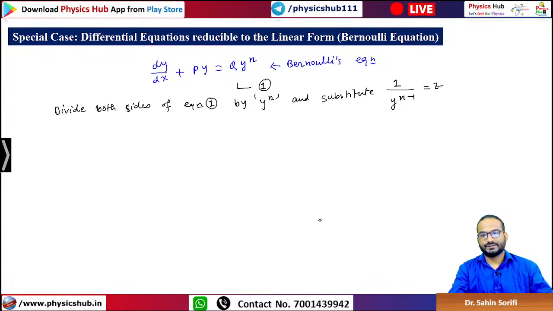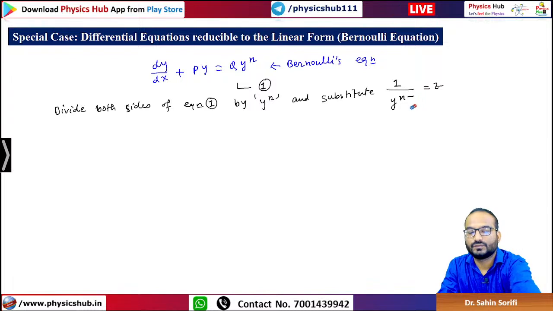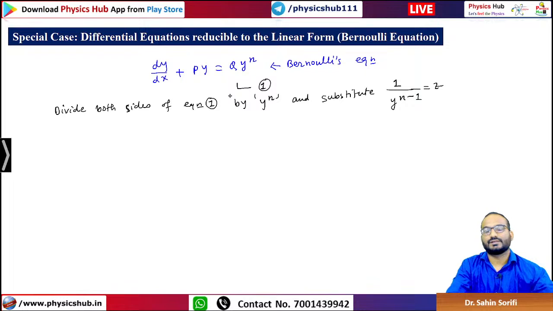Why are we doing this? We are doing this just to reduce it into a linear equation. We want to get rid of this y to the power n dependency, that is why we are doing this.